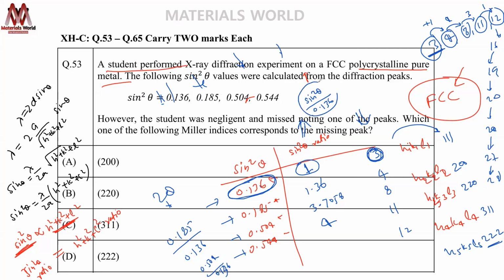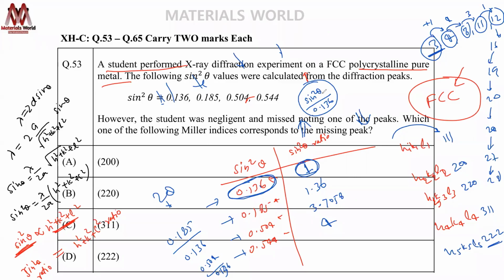I will multiply this whole value by 3, because if you multiply 1 by 3, you get 3. I'm intentionally making the first peak 3. If automatically this becomes 4, this becomes 8, this becomes 11, then it's FCC. You got the point? So I will make the first peak 3. How?